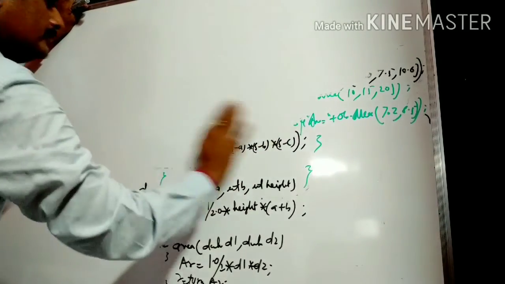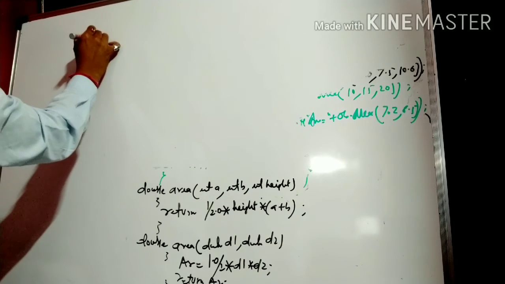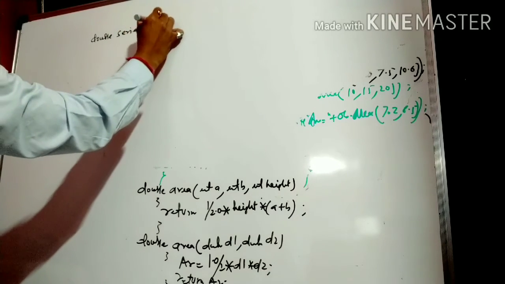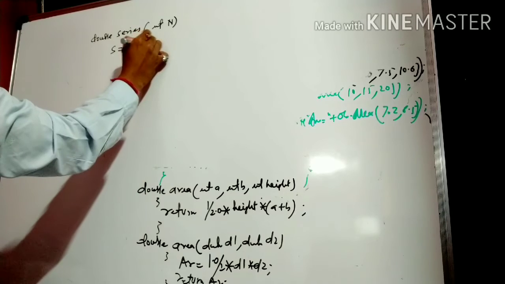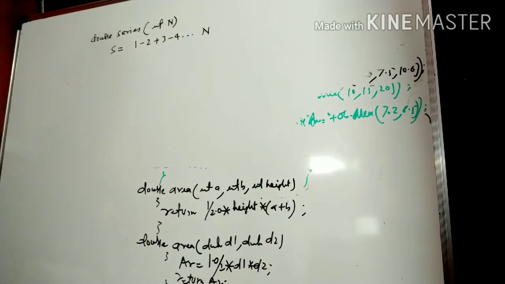Write the homework. Number one homework, this is a series. This is a double series, with int n. One parameter is there where you have to return 1 minus 2 plus 3 minus 4 and so on. This is one question.